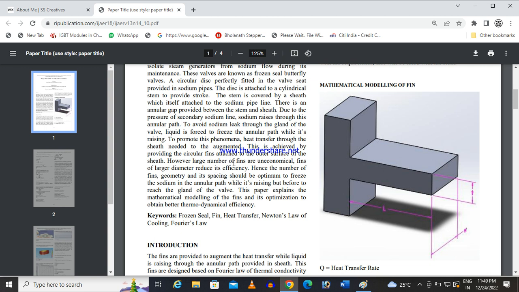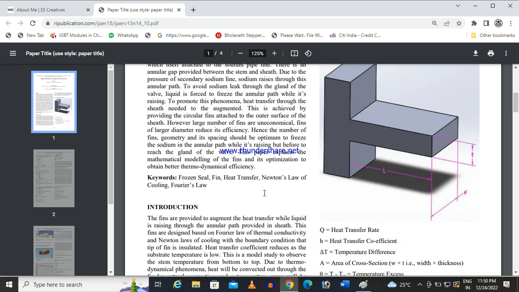As I told, a large number of fins is uneconomical. Fins of larger diameter, meaning this length, if it is more, then it will reduce the efficiency. So the number of fins and the length of the fin are to be optimized.